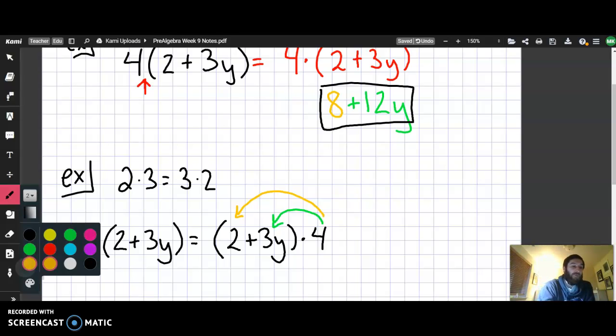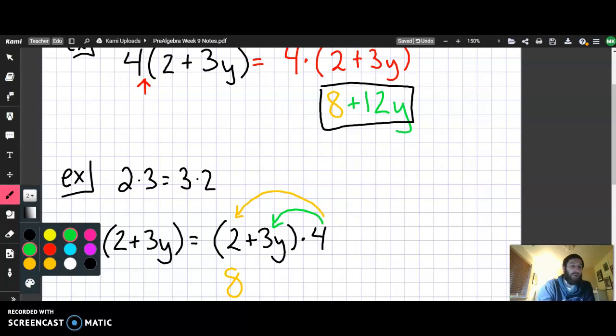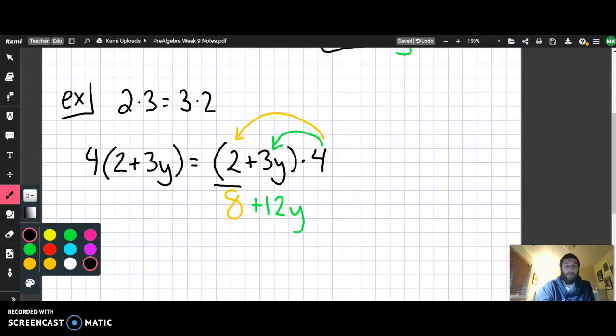And so, doing that multiplication, 4 times 2 is 8, and 4 times 3y, for the same reasons as before, is 12. And so, ladies and gentlemen, we have ourselves the answer we're looking for, 8 plus 12y, whether the 4 is in the front or in the back.